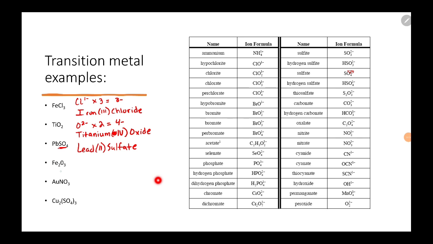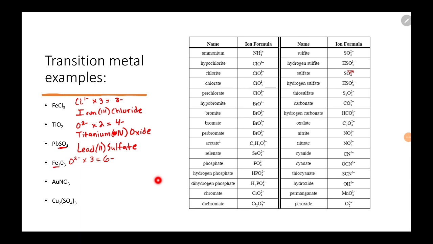Our next example is Fe2O3, the formula that we want to name. This time, we again figure out how much negative charge is there. If oxygen likes to form 2- ions, and there are 3 of them, that means there is a total of 6- charge that needs to be balanced out in this compound.